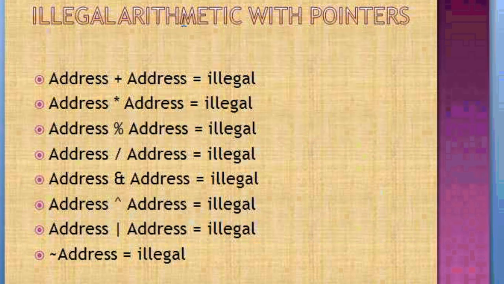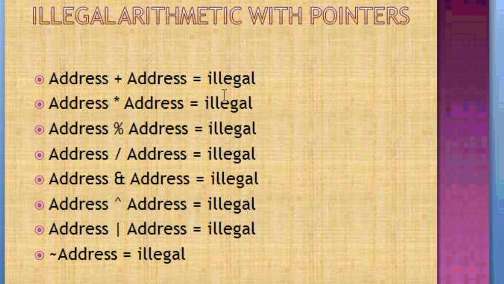Next, these are the illegal arithmetic operations with pointers, which are not allowed. Okay, so we cannot add two addresses. I have told you that we can make the pointer addition, but address with address is illegal. If we have the pointer variable p, we can increment it by writing p equal to p plus 1, p equal to p plus 3.